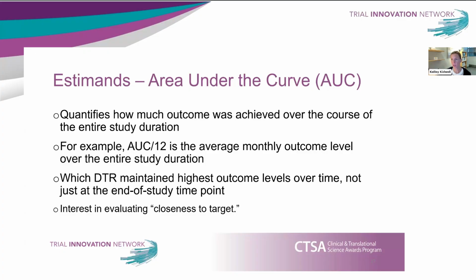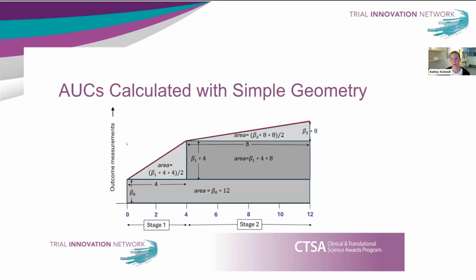And this can be really useful if you're interested in evaluating closeness to target. So thinking about diabetes outcomes or blood pressure outcomes, how close were we to an AUC target, or how close were we to a blood pressure target over the full time? This type of outcome might be really useful for that type of analysis. And that can be calculated with just very simple geometry once we've got the trajectory.